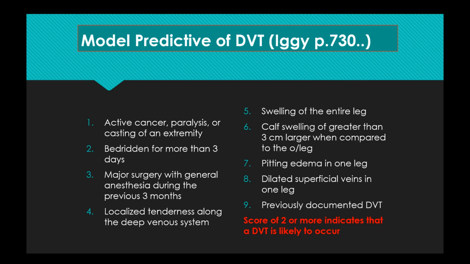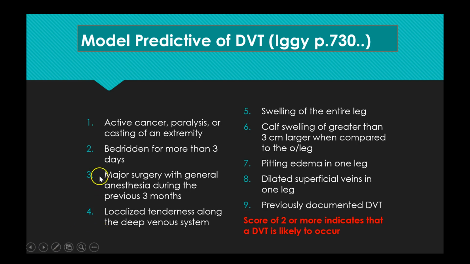So there are some model predictors of deep vein thrombosis that can be found in IGI 2016, page 730. And these are a point system. A score of 2 or more indicates that a DVT is likely to occur. Each of these criteria is worth 1 point here, which is a little misleading.